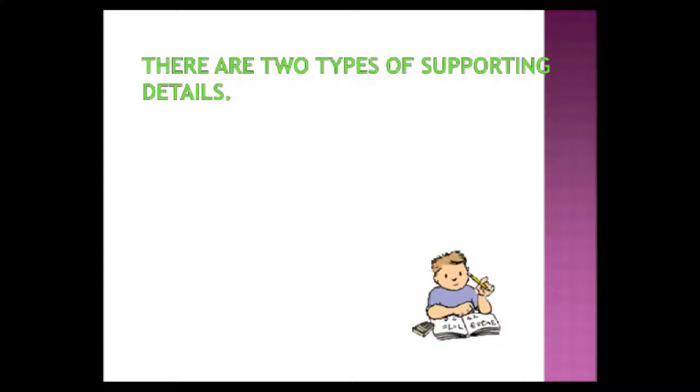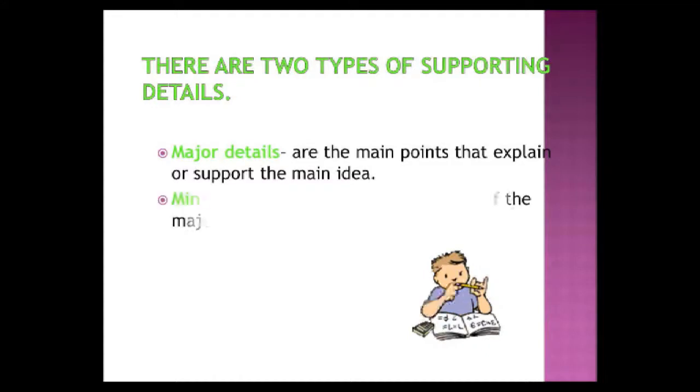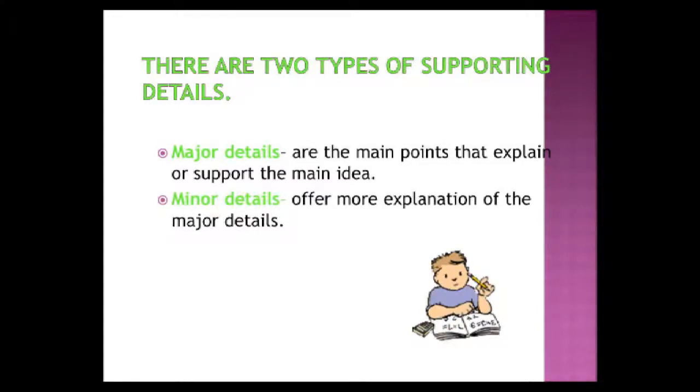Now when you're dealing with supporting details, there are 2 types of supporting details that you need to know. The first one is your major details. Major details are just the major points that explain or support the main idea. So they are directly connected to your main idea or your topic sentence. Now, the minor details are going to offer more of an explanation to the major.